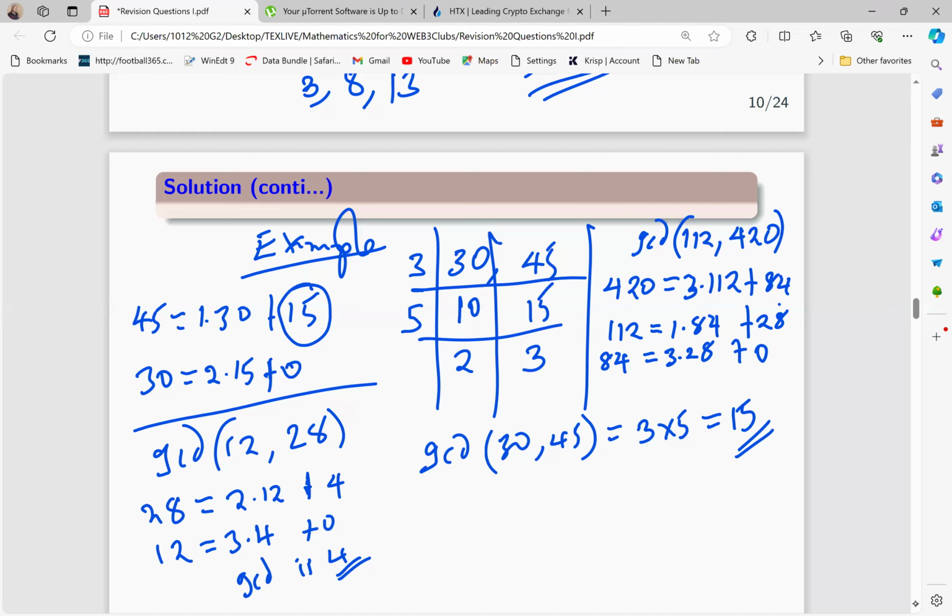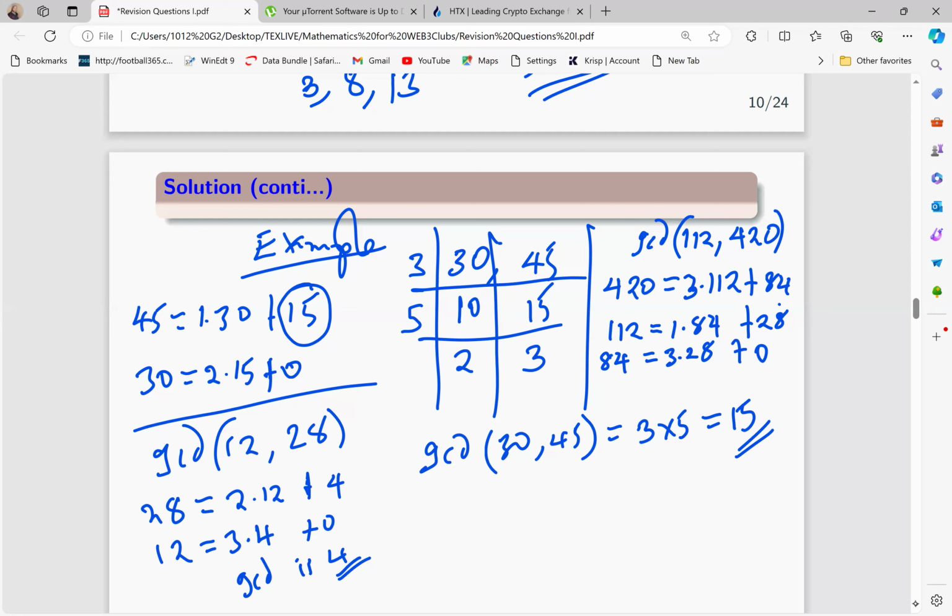How many times does 28 go into 420? 15. Yes, so 28 is the GCD. If we did our subtractions correctly, then 28 is the GCD. But this is the Euclid's algorithm, and you can see how easy it is.